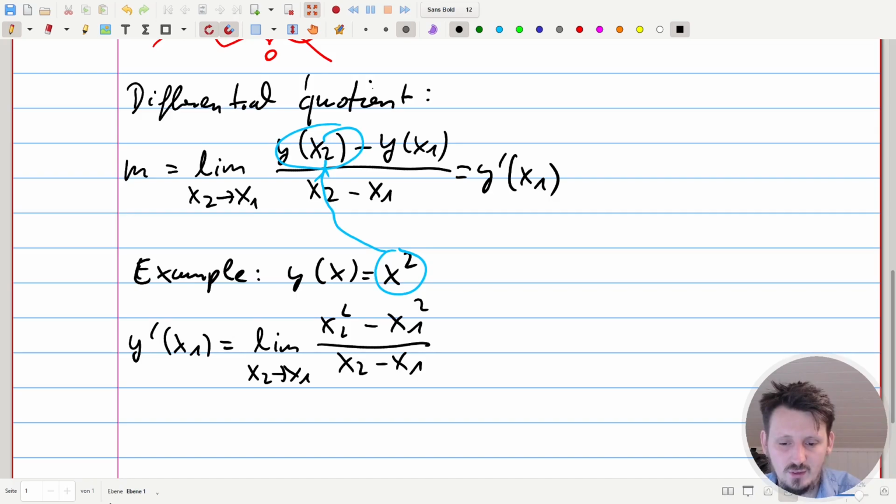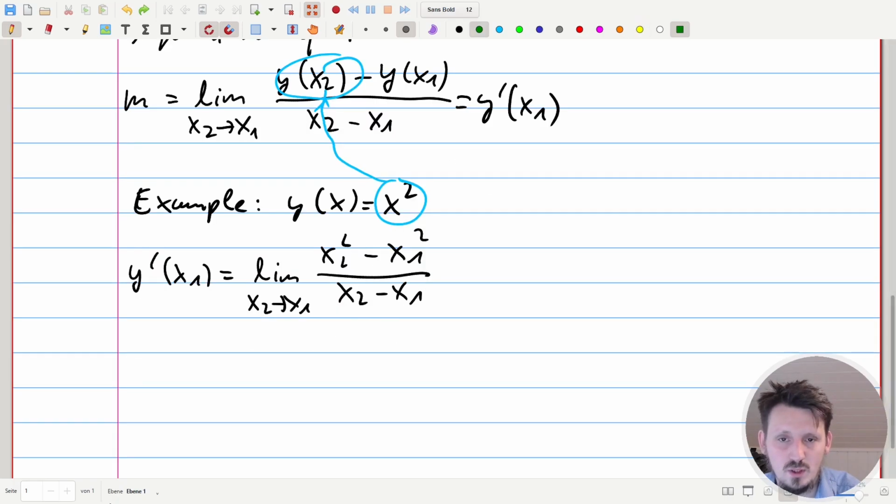Unfortunately, we have to get rid of this denominator, otherwise we cannot calculate anything. And in this fraction, how we have written it down here, we cannot cancel out anything. So what we have to use is a trick. Maybe you know the third binomial formula, which is given as a plus b times a minus b equal to a squared minus b squared.